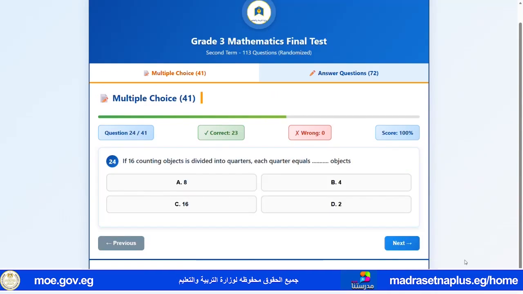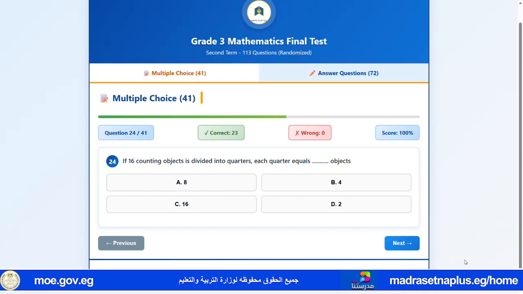Next one, if 16 objects are divided. Yes, it's easy now. In fourths, in quarters. So each quarter equals, let's divide 16 by 4. Let's put 16 in 4 baskets. If we have 16 students and we have 4 desks, can you tell me how many students in each desk?